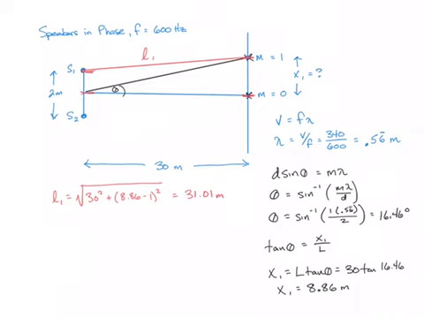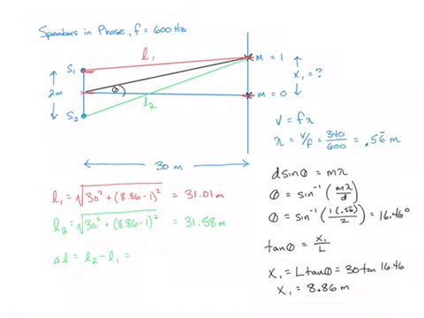Alright, now we're going to do the same thing for L2. When I use the Pythagorean theorem to solve for L2, that one comes out just a little longer, as it should, to 31.58 meters. So we will see then that delta L, which would be L2 minus L1, is going to be 31.58 minus 31.01, which would be 0.57 meters.